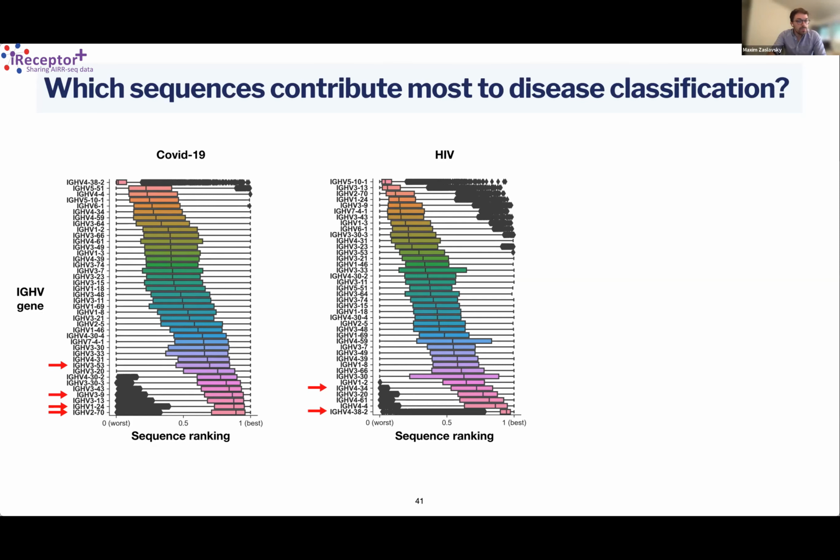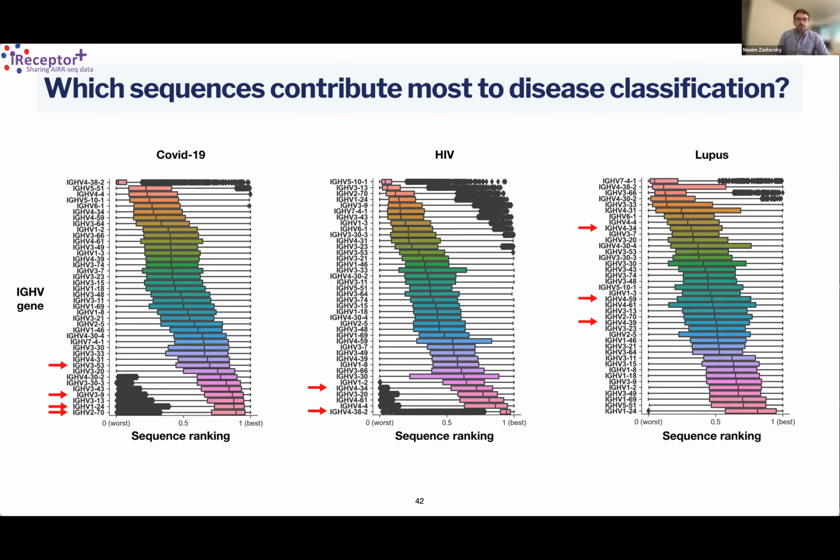Now, V434 is an interesting one because in the lupus literature, it's also described as an important marker of the immune response. But in the case of lupus, the model pinpoints V gene segments that are less well described in the literature. We'd expect V434 along with 439 and 459 to be prominent since these are highlighted in the literature, but those V gene segments didn't show up prominently in this classification here.